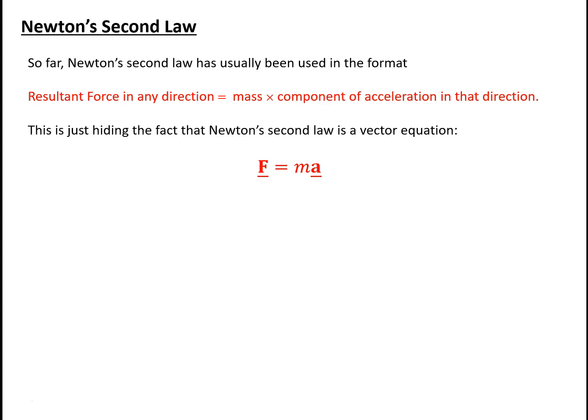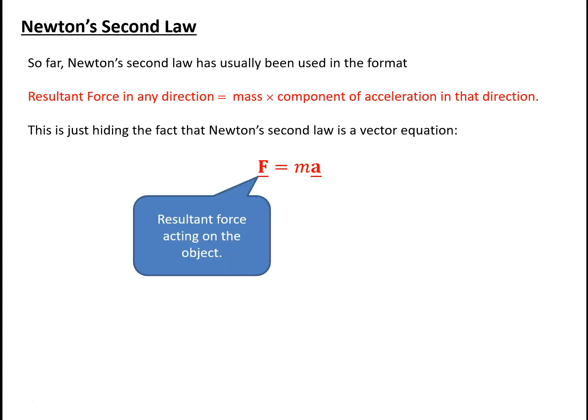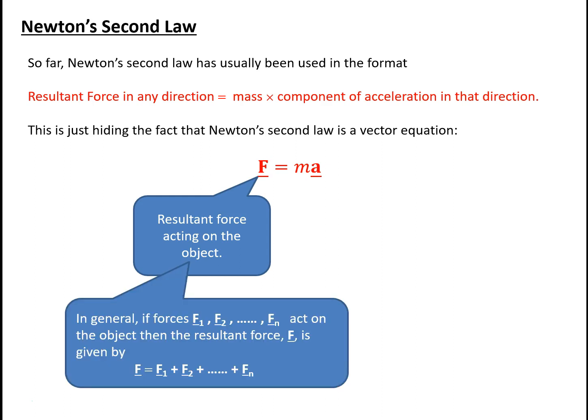So the resultant force acting on an object is equal to the mass times the acceleration of the object. The resultant force as a vector equals the mass times the acceleration as a vector. And we know that the resultant force acting on the object is simply the sum of all of the individual forces acting on the object.